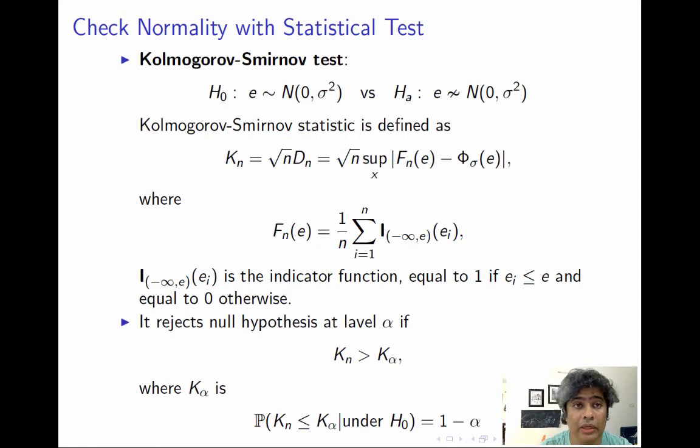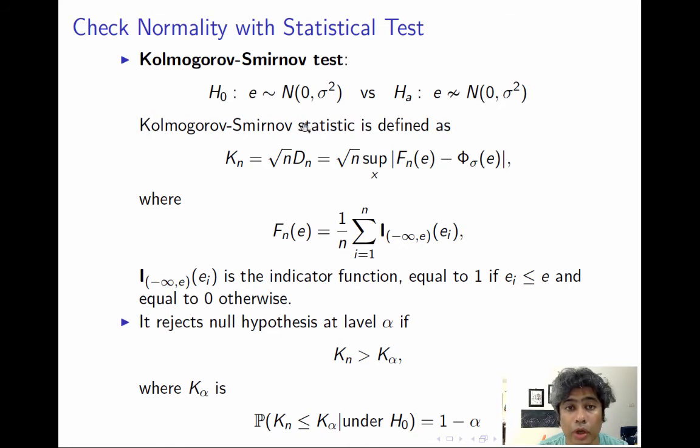One way of checking normality is using a statistical test called the Kolmogorov-Smirnov test. How is the Kolmogorov-Smirnov test done? You assume the null hypothesis that your error follows normal 0, sigma square. The alternative is that the residual does not follow normal 0, sigma square.